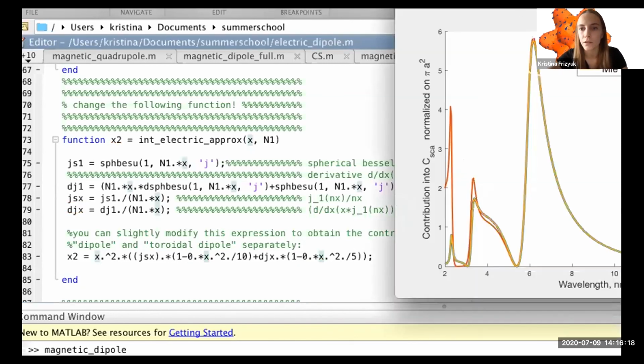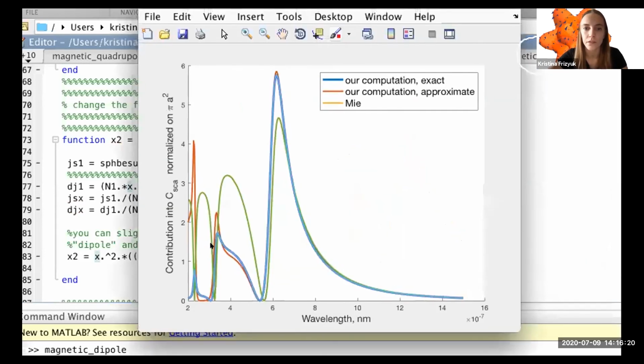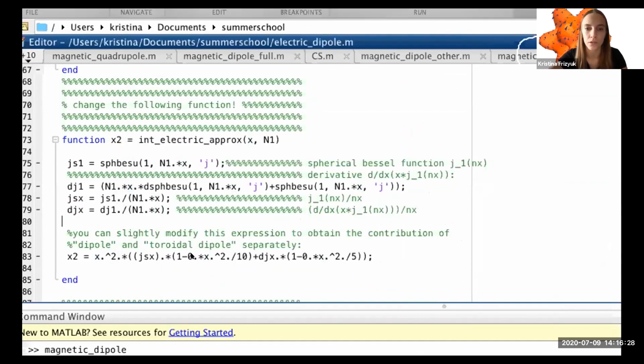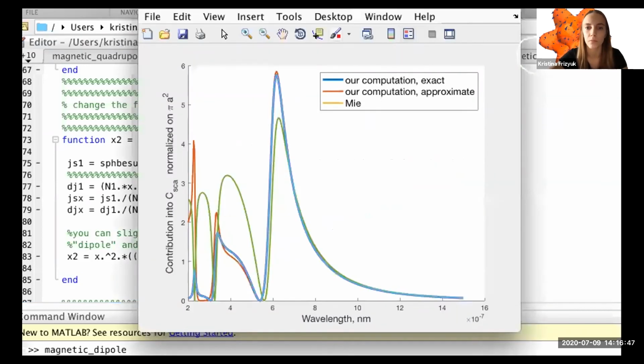And here, the green line is just a plain dipole because I put the toroidal dipole to 0. And now I want to put the plain dipole to 0. So I multiply this guy by 0, and plot it one more time.